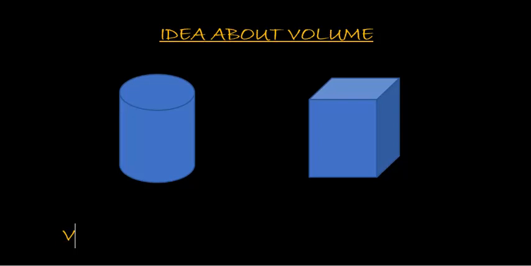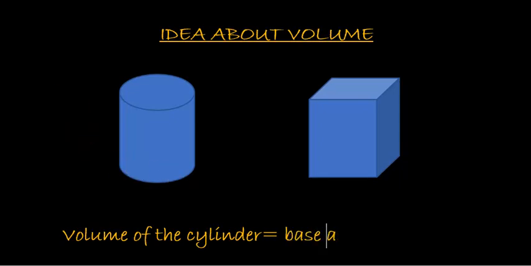So volume of the cylinder should be given us by the product of the base area and then times height.